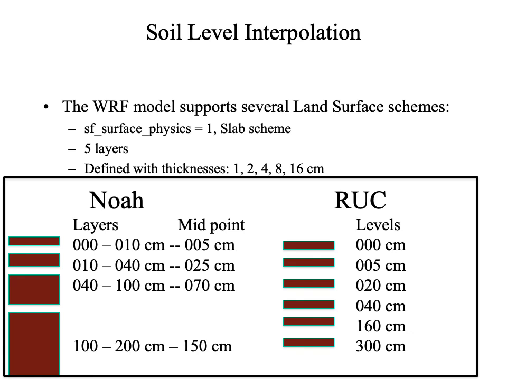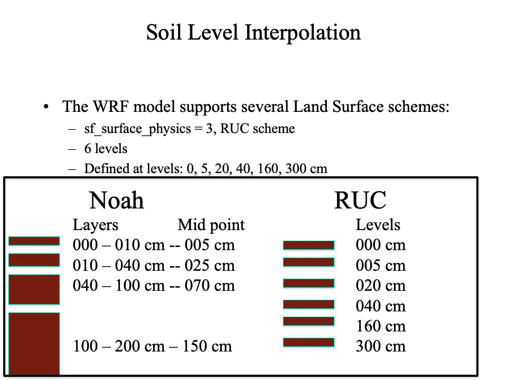For surface scheme number 1, which is the thermal diffusion only, the thicknesses are defined as 1, 2, 4, 8, and 16 centimeters. So we would end up with data interpolated from input data from MetGrid to those 5 levels. If the user chose the NOAA land surface scheme, the levels defined there are 0 to 10, 10 to 40, 40 to 100, and then 100 to 200 centimeters. So again, 5 layers, but the locations are going to be different.